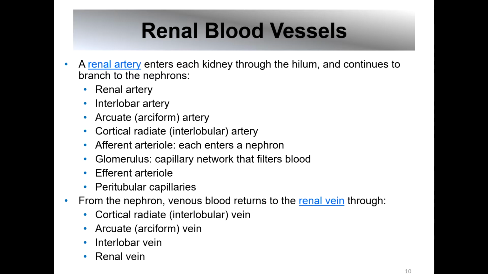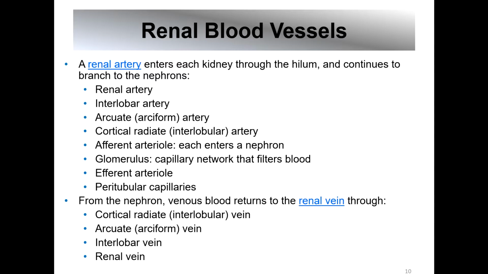And then it's going to flow out of the corpuscle through the efferent arteriole, as well as we also have peritubular capillaries, I should say. So some of the blood enters through the afferent arteriole, passes through the glomerulus, and then exits through the efferent arteriole. And then there's kind of an alternate pathway through the peritubular capillaries. We'll see a picture of that in just a little bit.